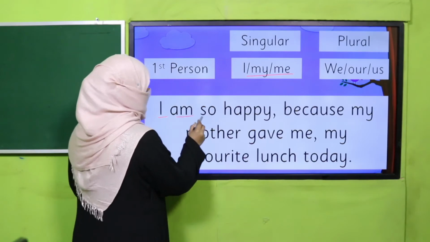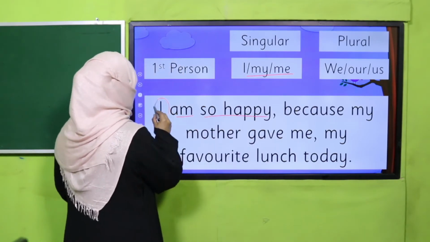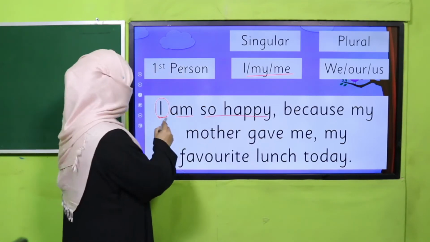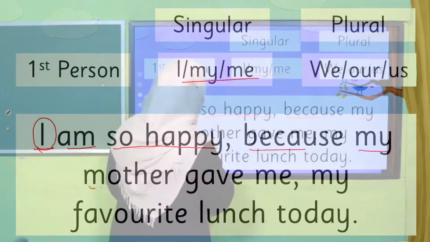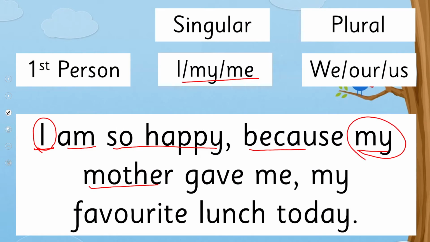I am so happy. Okay, so I have placed, instead of giving my name, I have used I am so happy because my mother. Now my is telling, again, it's a first person singular pronoun of possession, and gave me, she gave me.